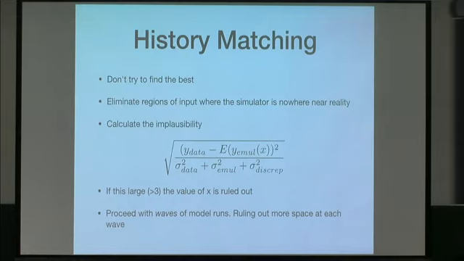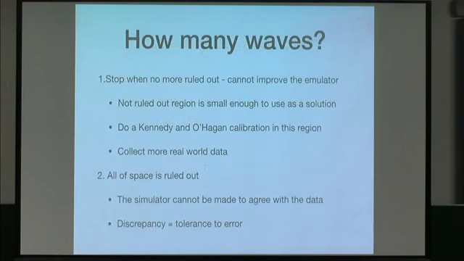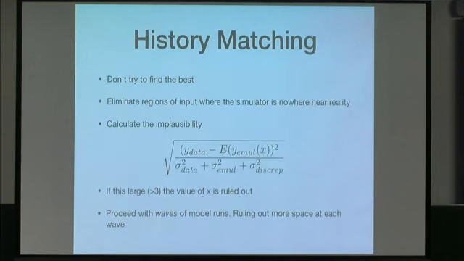The ruled out region shrinks down again, and it shrinks down again until we stop. And two things will have happened. We stop when we can't rule out the space anymore. Doing more model runs doesn't help. We've got to the point where the data error and the discrepancy error here are dominating. This thing could go to 0.